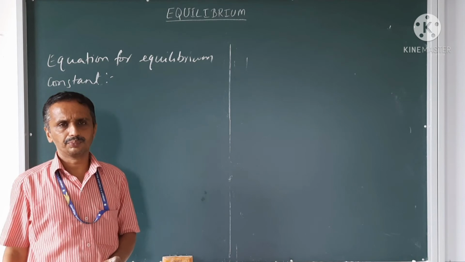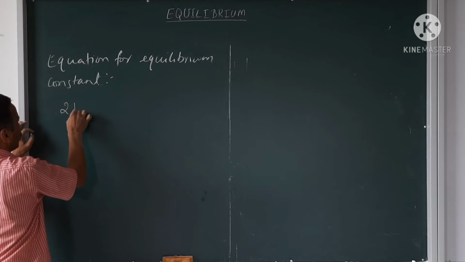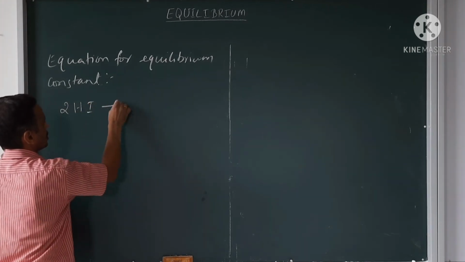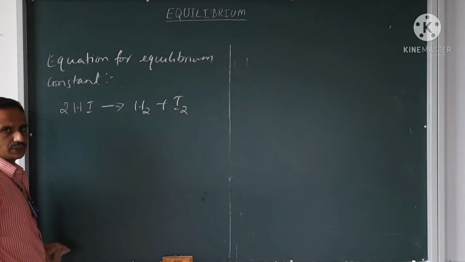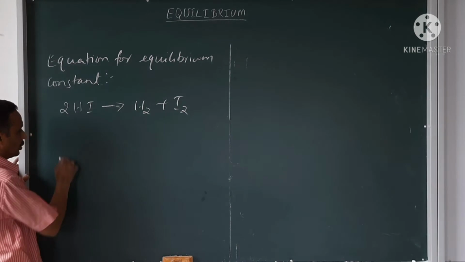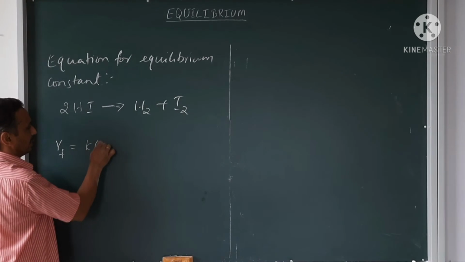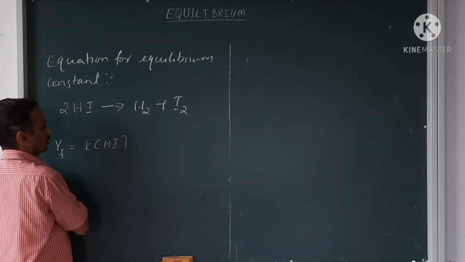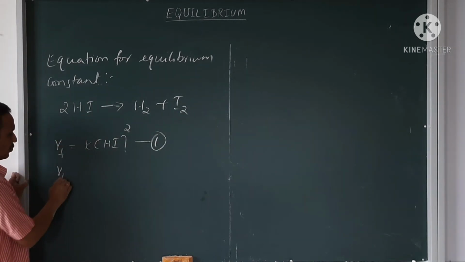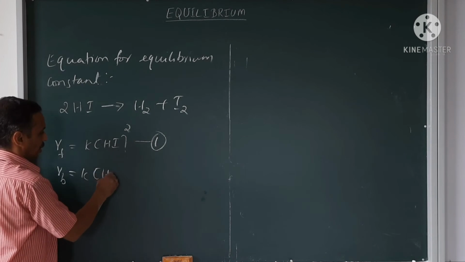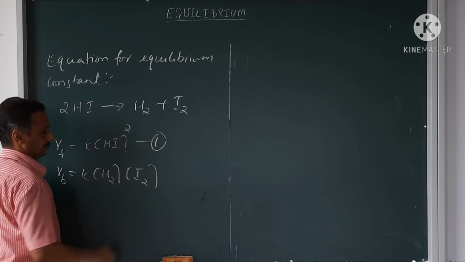One example I will give you now. I want to write the equilibrium constant for this reaction: 2HI giving H2 plus I2. For this you have to write the equilibrium constant. Rate of forward is equal to K into [HI] to the power 2. This is equation 1. And rate of backward is K into [H2] into [I2], and both the powers are 1.